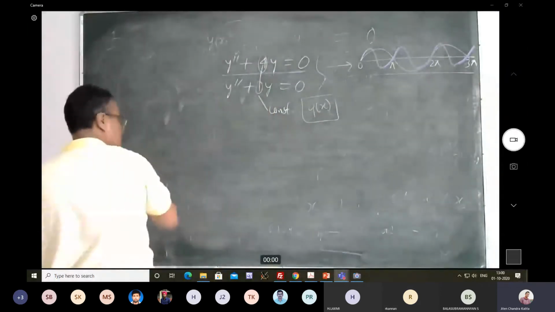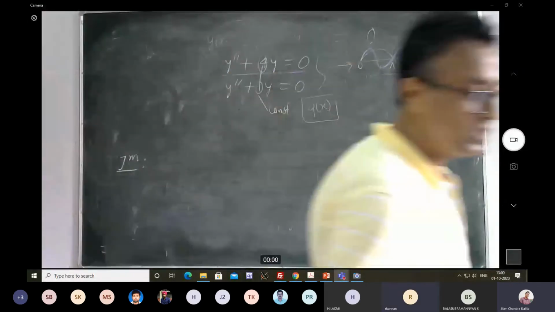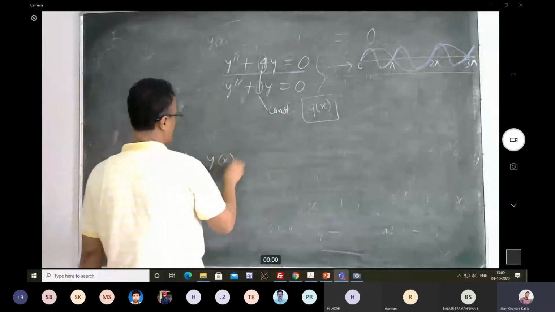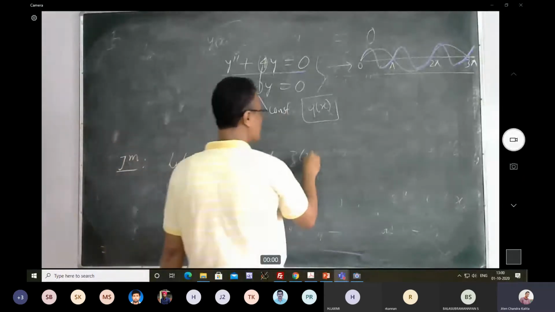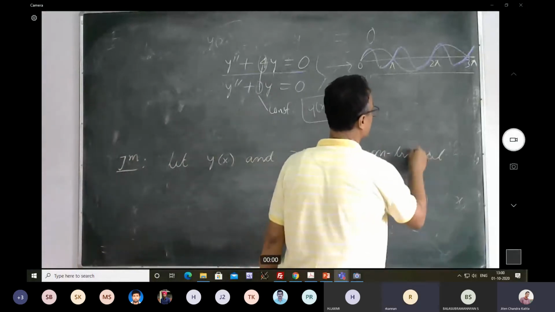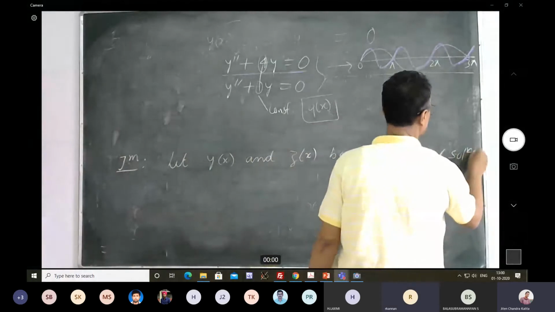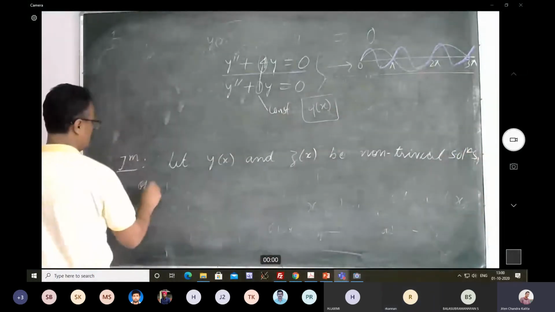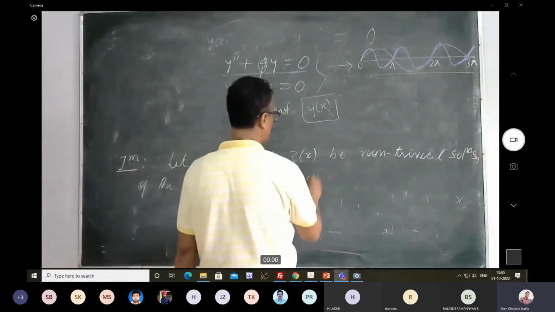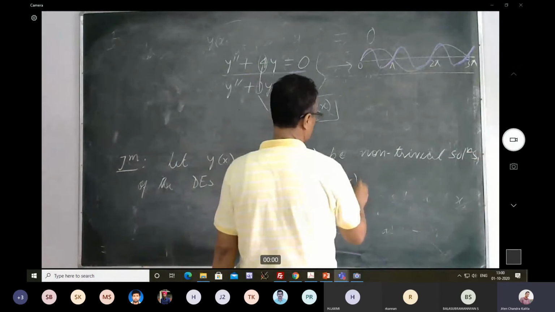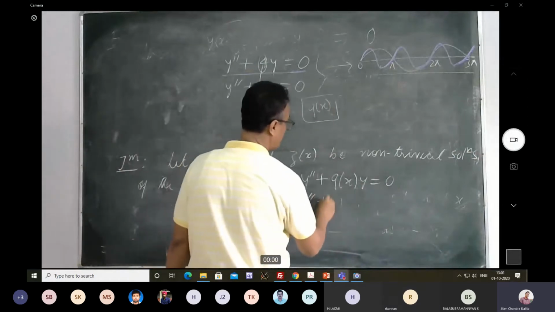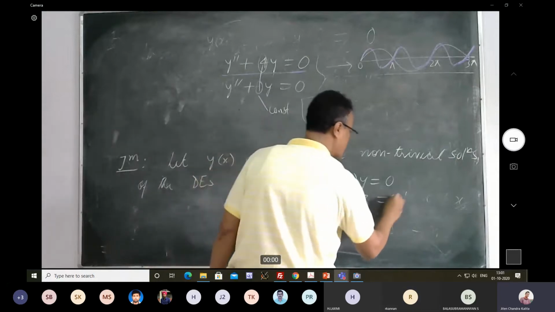So this is what this comparison theorem is going to tell you. Let y(x) and z(x) be non-trivial solutions of the differential equations: the first one is y double prime plus q(x) y equal to 0, and the second one is z double prime plus r(x) z equal to 0.